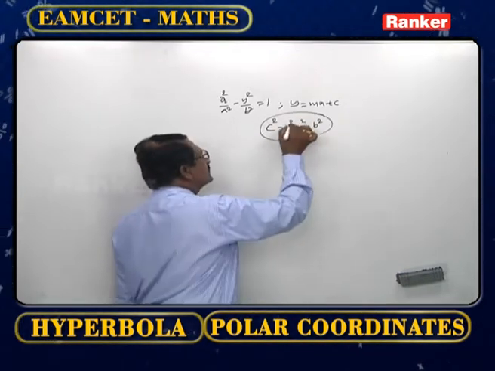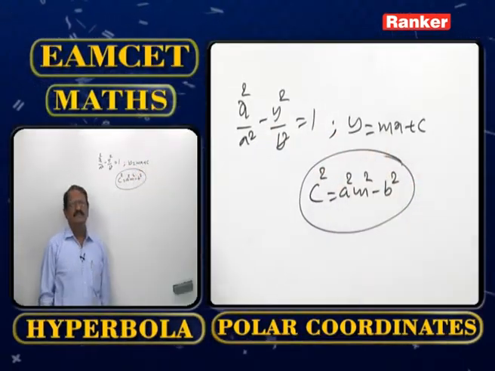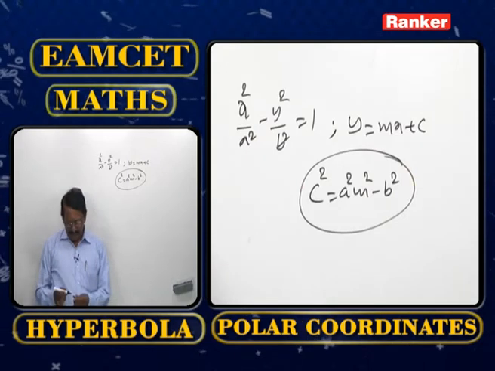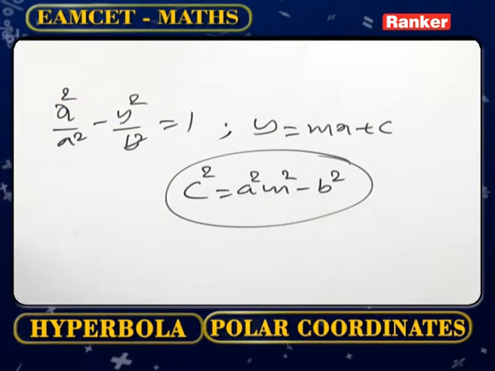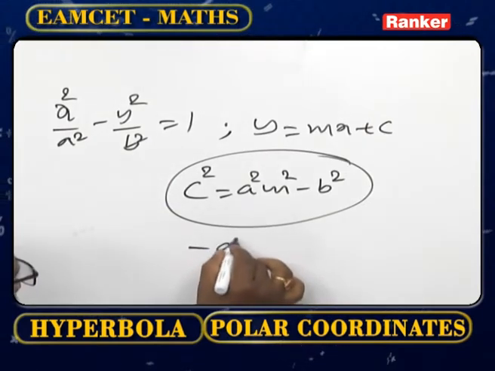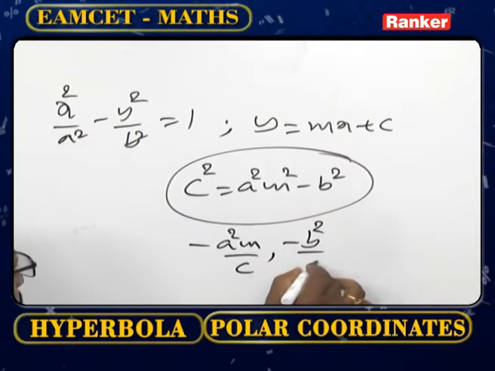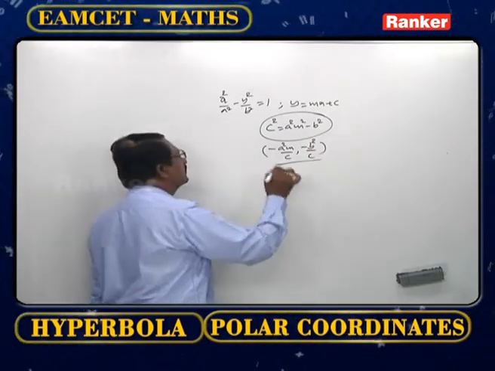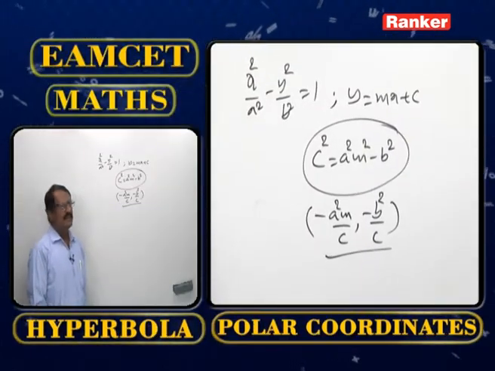If c square equals to a square m square minus b square, then the line y equals mx plus c is a tangent to the hyperbola x square by a square minus y square by b square equals to 1, and the point of contact is minus a square m by c comma minus b square by c.